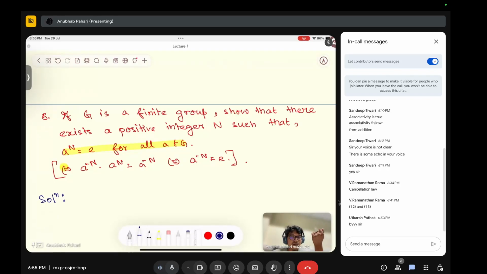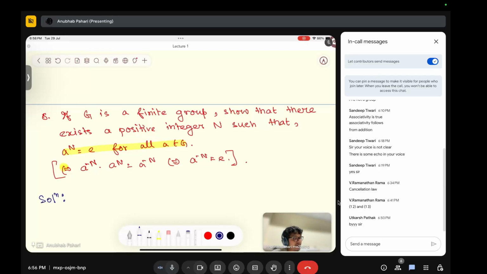Now it is quite interesting to know that there is a notion called a cyclic group, where this n is exactly the order of the finite group, that means the number of elements in the group. But if the group is not cyclic, that means it is not generated by a single element, then this n can be smaller than the order of the group also.